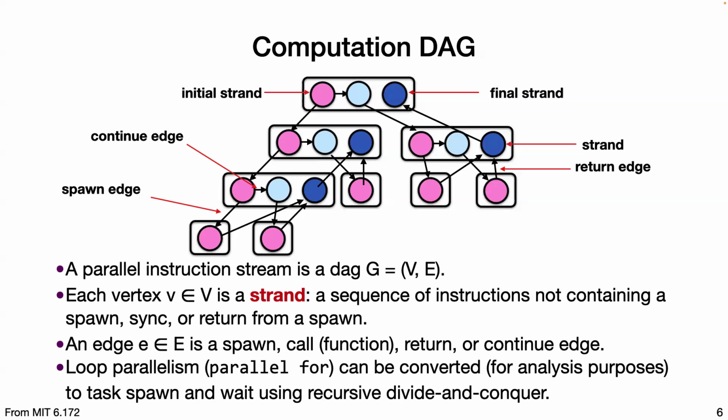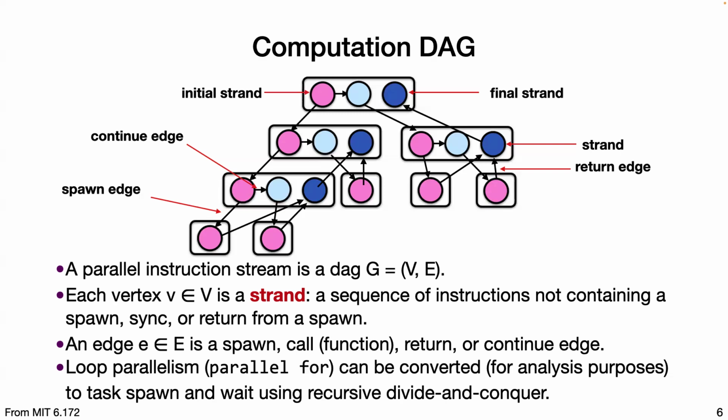For example, when you spawn, it's probably many instructions too. You have to deal with the scheduler, but it's just a logical one thing that you're doing. So a strand is a sequence of instructions. And an edge is a spawn, function call, return, or continuation. Those are all dependencies, I think.